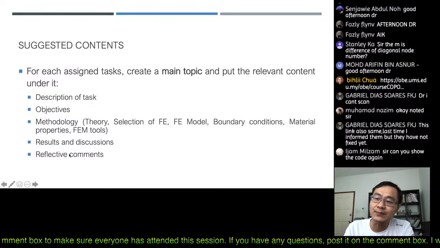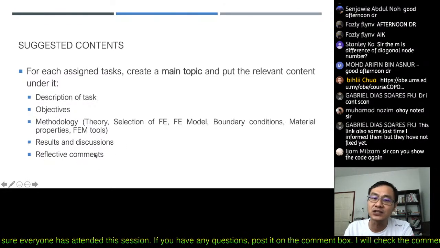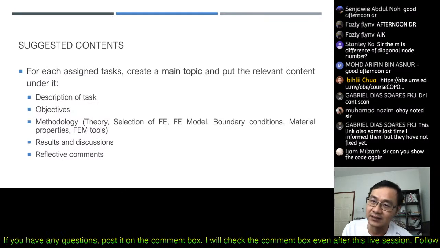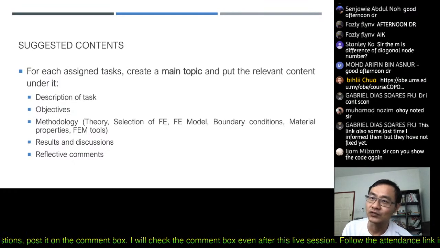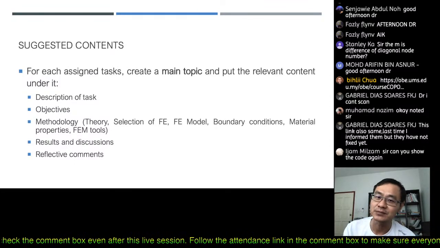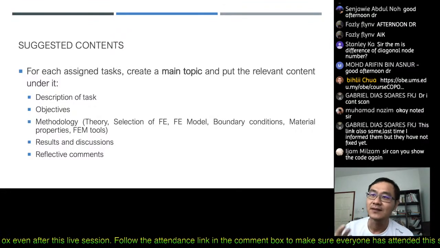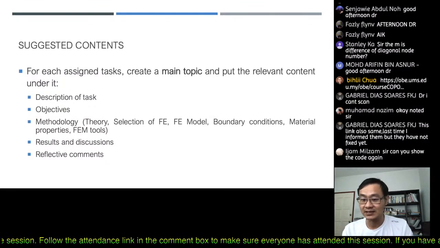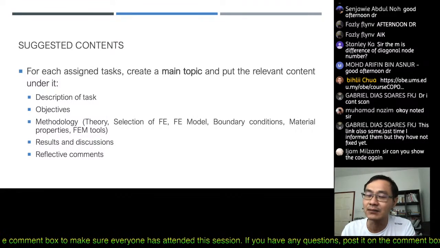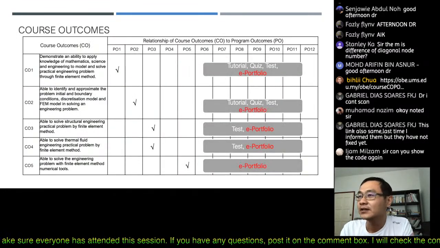Then you may do some reflective comment, like your personal view, like whether this is correct, this is not correct, what can be improved, what is difficult when doing this assignment from your perspective, without computer, or maybe the software is not good, or whatever it is. The reflective type of comment, what you actually learn by doing this task.